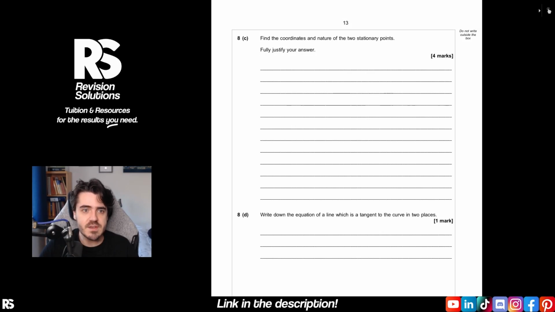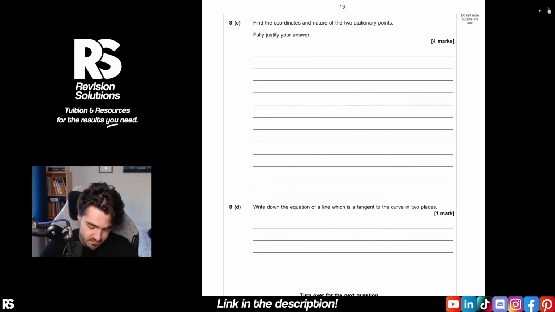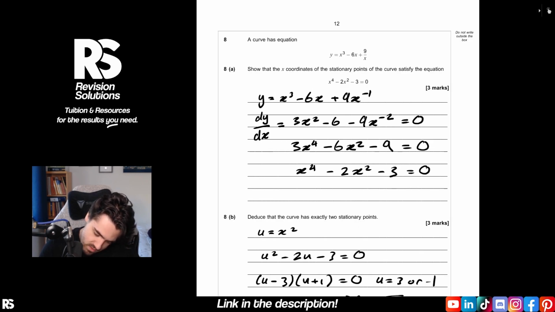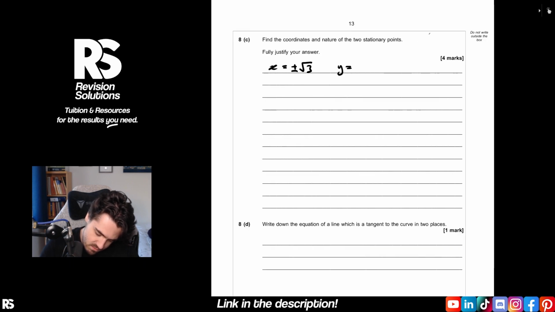Question 8c now says, find the coordinates and the nature of the two stationary points. So to find the coordinates, we're simply going to plug in our x coordinates that we already found of plus or minus root 3 into the original equation, which was y equals x cubed minus 6x plus 9 over x.